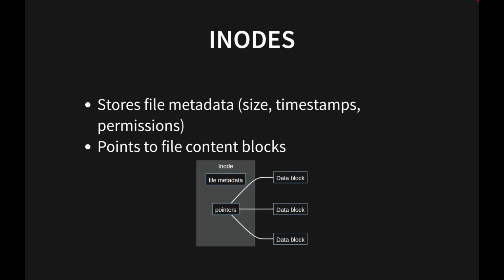This metadata, as we discussed earlier, could contain size, timestamps, permissions, and some other flags to specify whether this inode represents a file or a directory, and so on. And then after the metadata we have some pointers, which point towards the actual data blocks within the disk, where we can retrieve them. Essentially an inode represents a file as a whole.